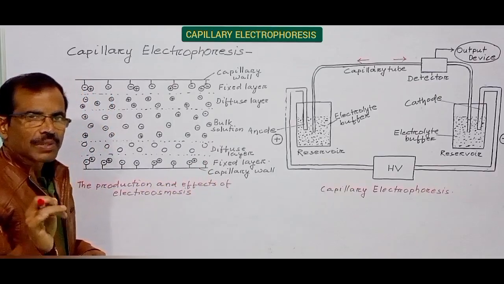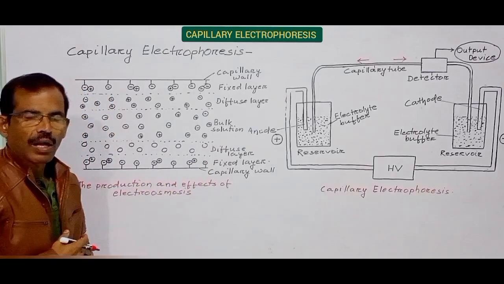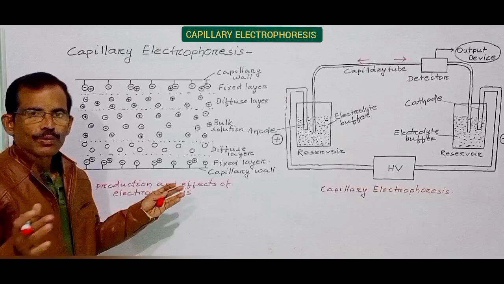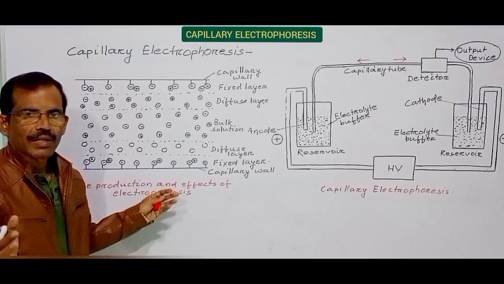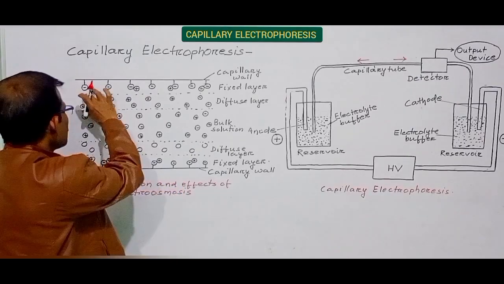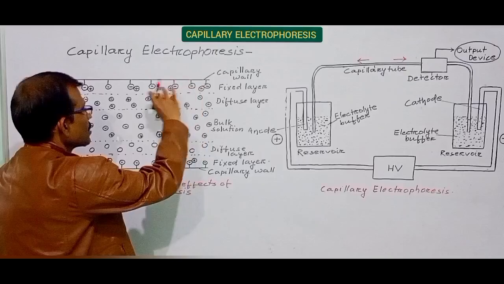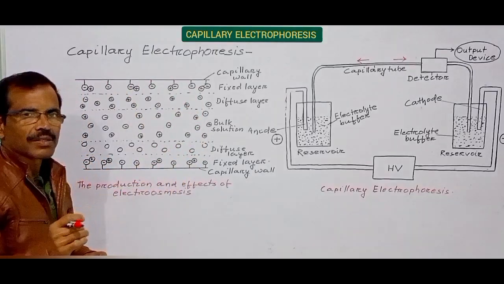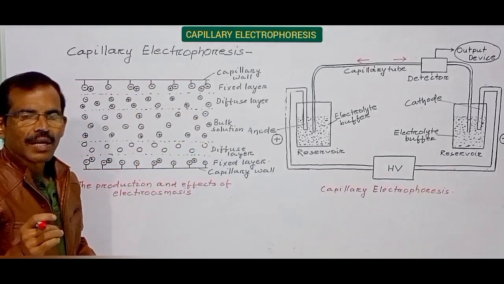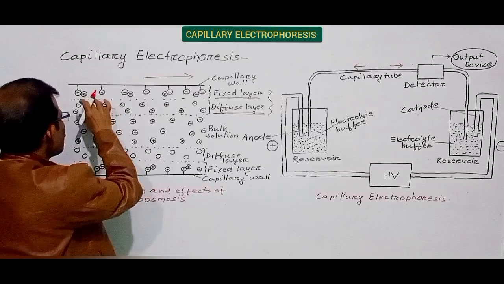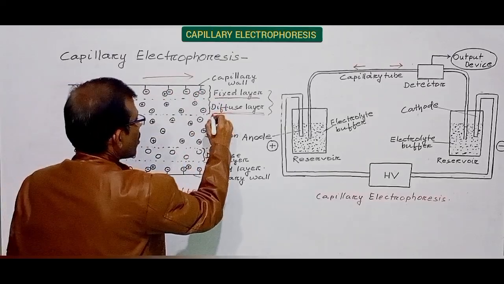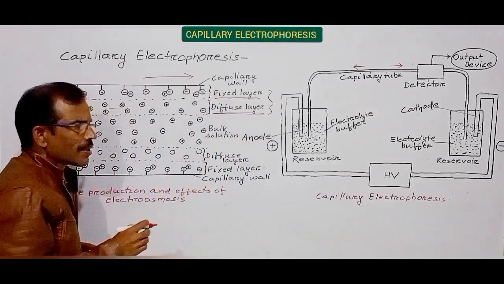As the negative charge on the capillary wall is partially neutralized by the buffer cations, the solution adjacent to the fixed layer contains more cations than anions. This forms another layer called diffuse layer.